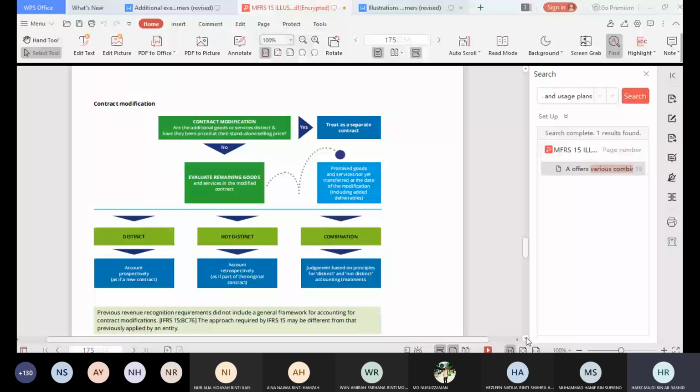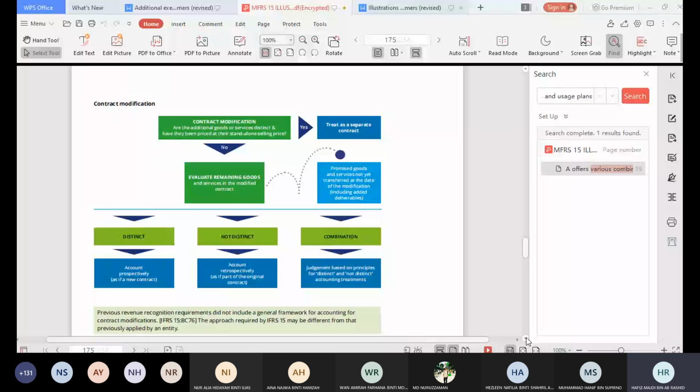Then only you evaluate whether this additional requirement of goods or services will lead toward a separate contract or not.